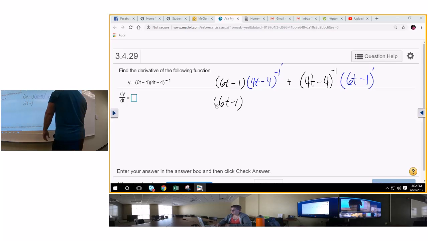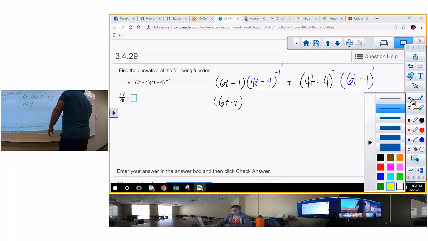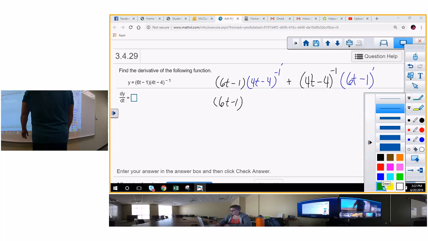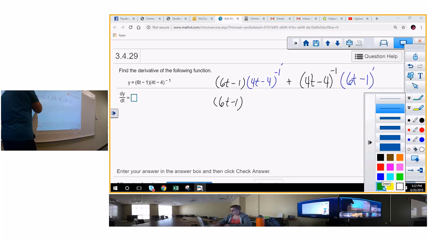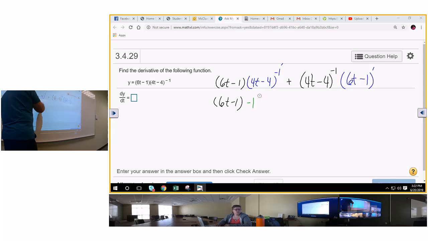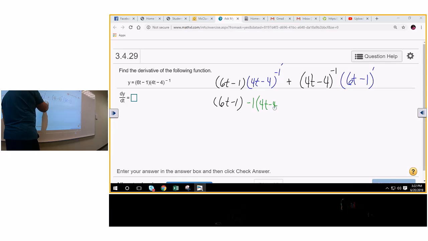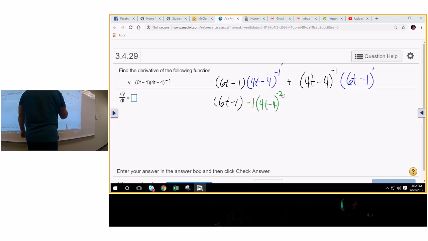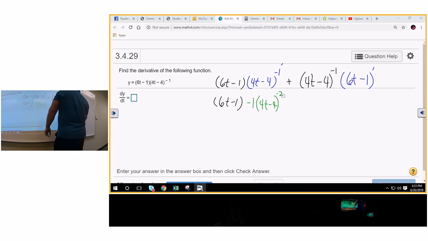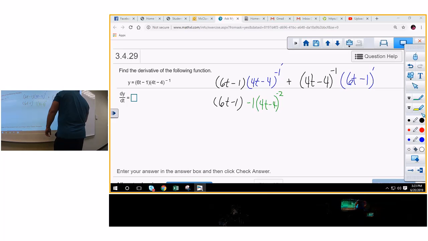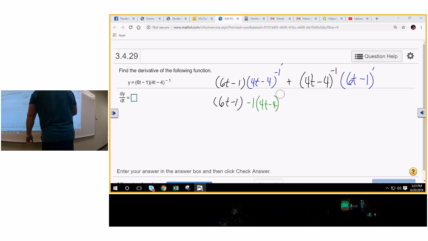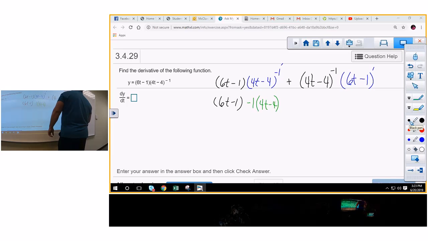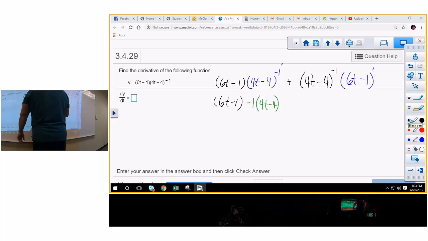Times, and I'm going to do this in green. That's going to be negative 1 times (4t minus 4) to the negative 2 power. Well, I'll tell you what, I'm going to make sure I teach to the people that don't know how to do it.